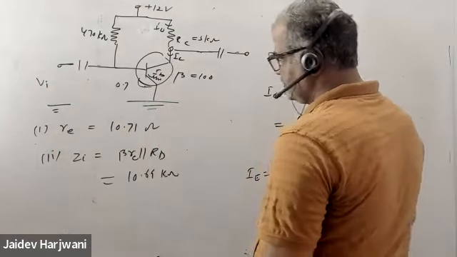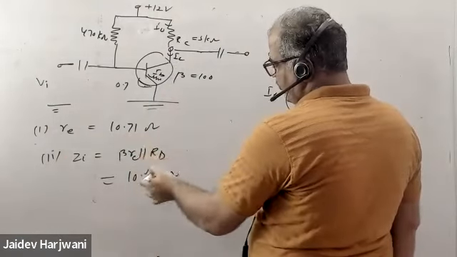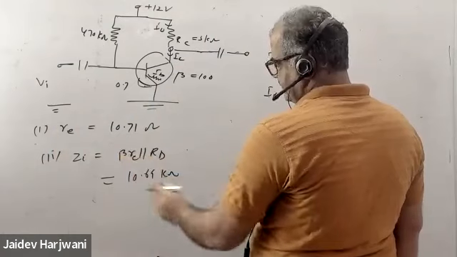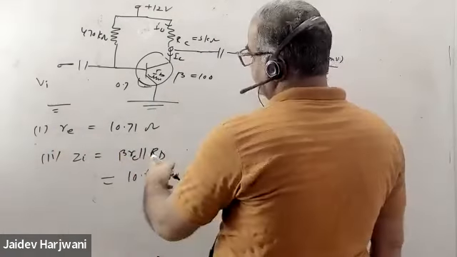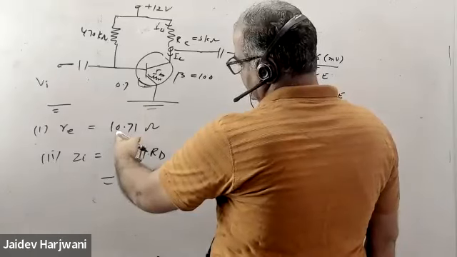So RE is 10.71, and you can take 10.71 kilo ohm also, beta RE. Okay, RB is greater. If I multiply this by 100, this becomes 1 kilo ohm.